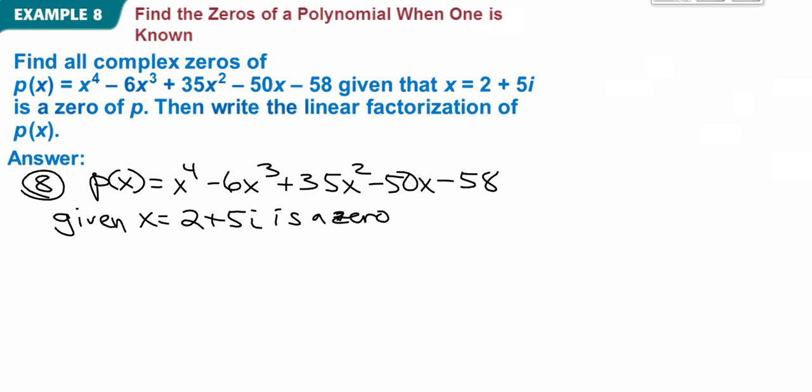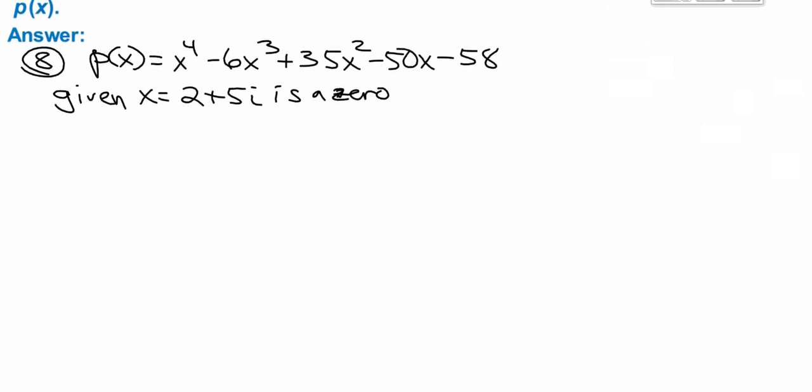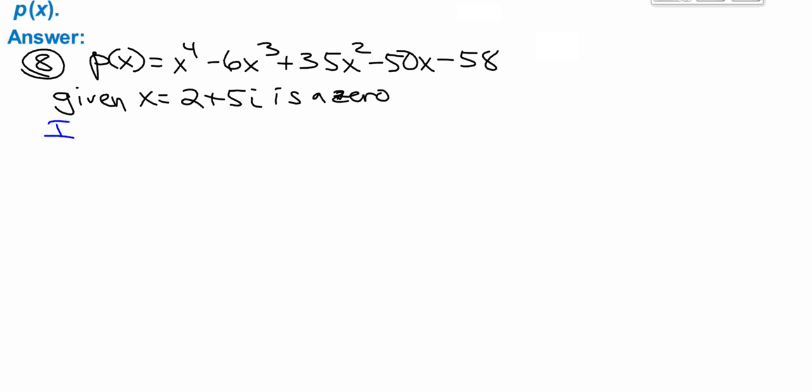We'll get a quadratic out. If we divide a quadratic in, we'll get a quadratic out. So if that's a zero, then I know that x equals 2 minus 5i is also a zero.